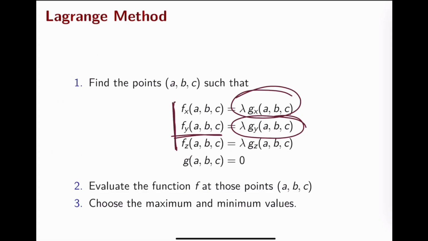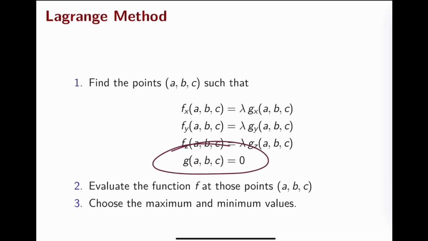So the first 3 equations are just the writing down of what it means that the gradient is a multiple of the other gradient. And then we add the constraint, that g evaluated at the point is equal to 0. The solution of this system of equations is going to give us a list of candidates to be extrema.